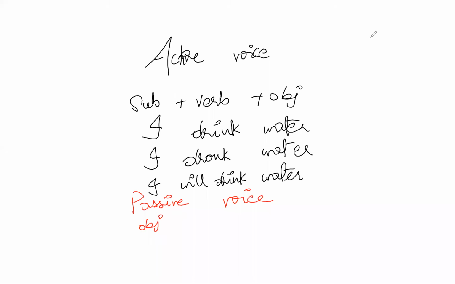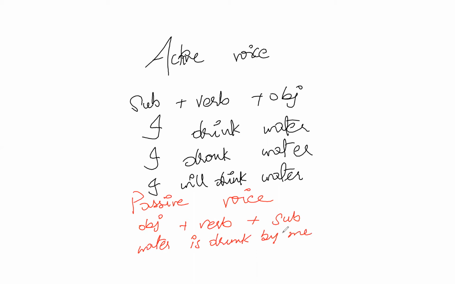So yeah, passive voice. In the passive voice, we have on top the object, then the verb, and then the subject. So here the sentence comes out as water is drunk by me.